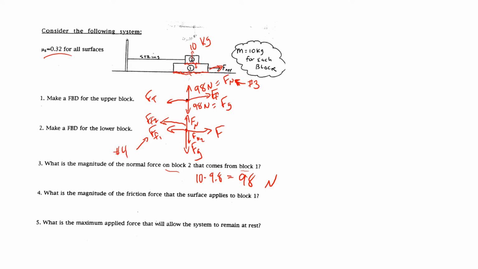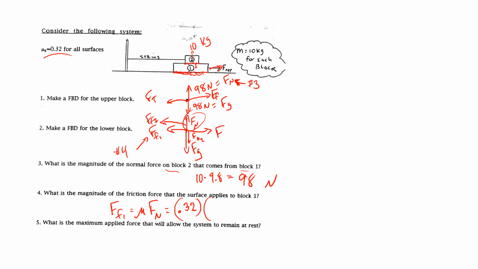Alright? So F1 is going to equal mu times the normal force, right? The mu is going to be 0.32, and the normal force is going to be this guy, alright? Now that guy is going to be the two blocks glued together. So just pretend they were glued together, that this frictional force wouldn't care at all.